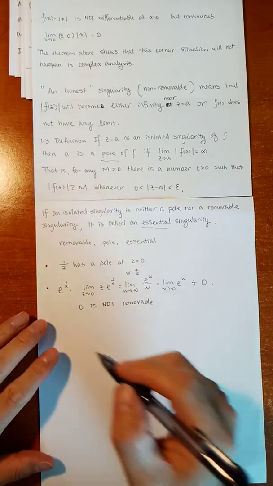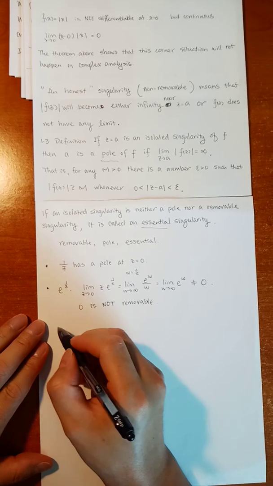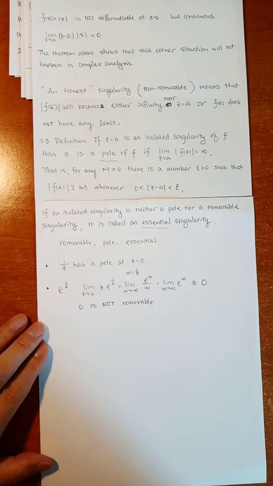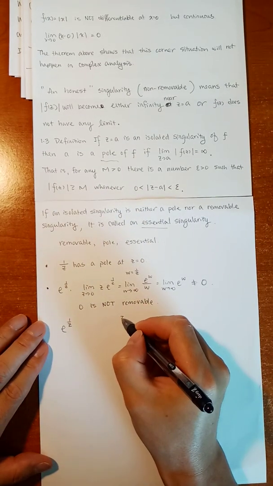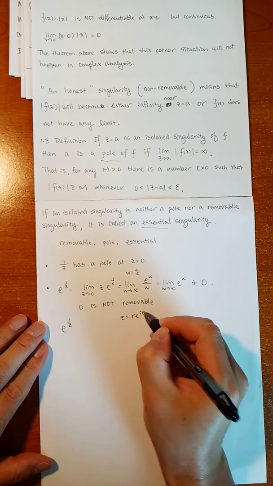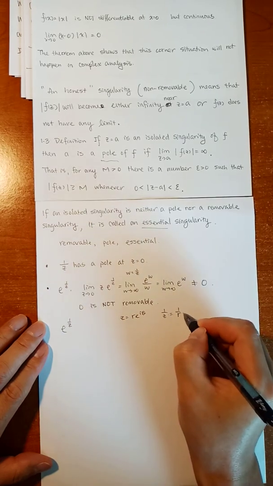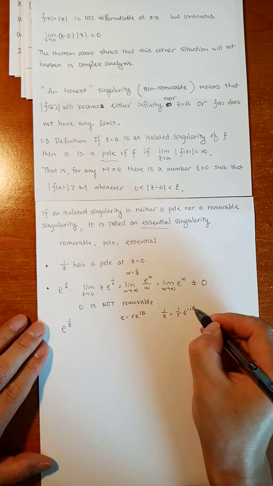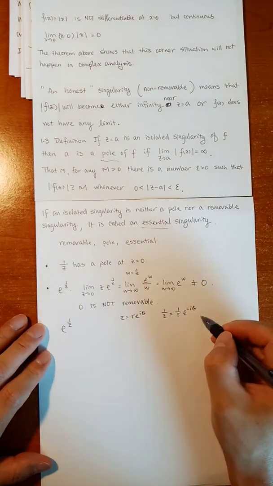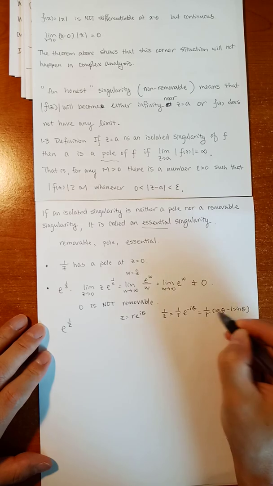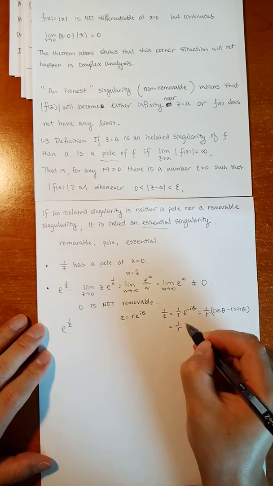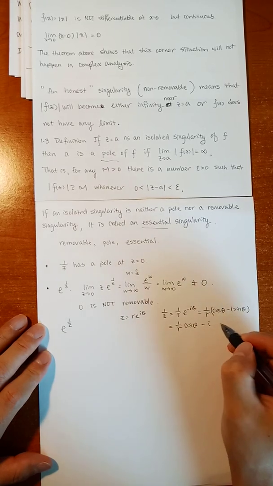Let's check the other one. Let's check the modulus of e to the 1 over z. Let's call z equal to r e to the i theta. So 1 over z is 1 over r times e to the negative i theta, which is 1 over r times cosine theta minus i sine theta. So it's 1 over r cosine theta minus i 1 over r sine theta.